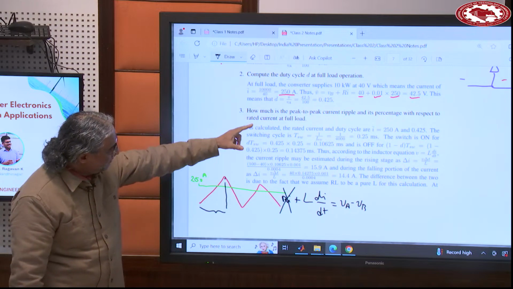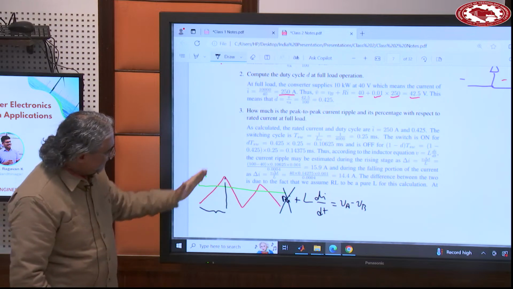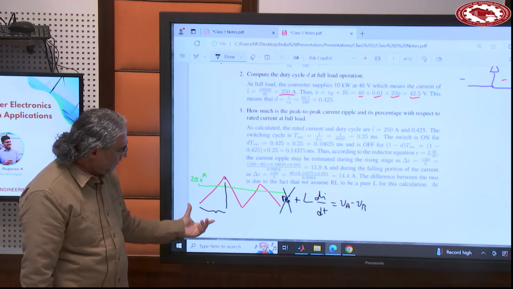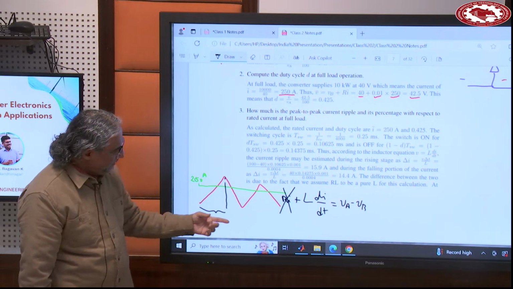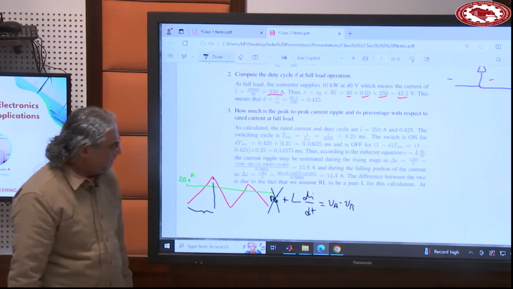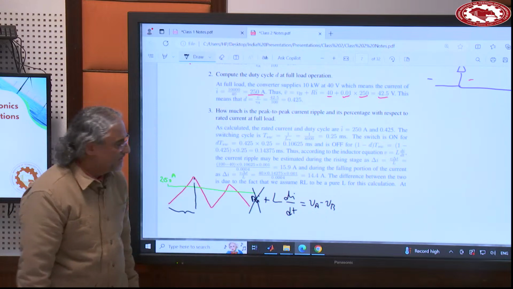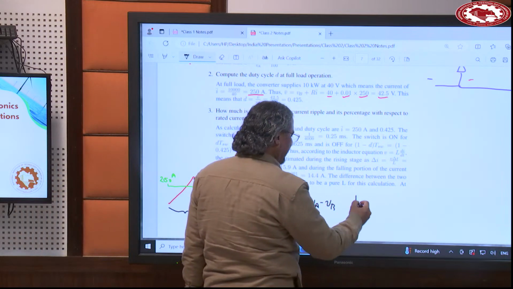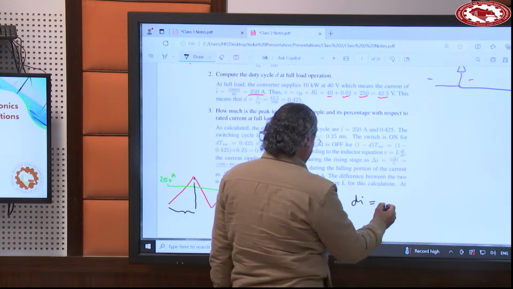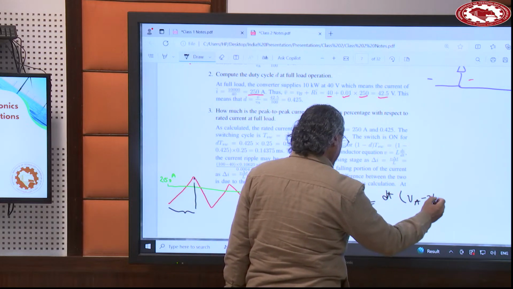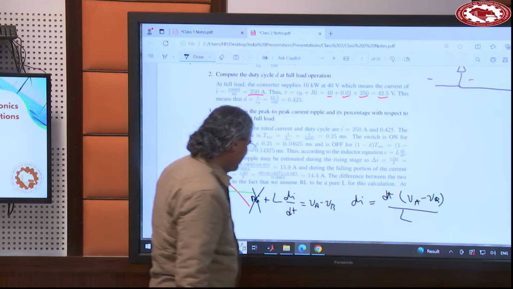Here, we are back to these ripples. Okay, so we have time, and we know this voltage is VA minus VB, and we know L, we have dt, we can find di. So delta I will be dt into VA minus VB divided by L.